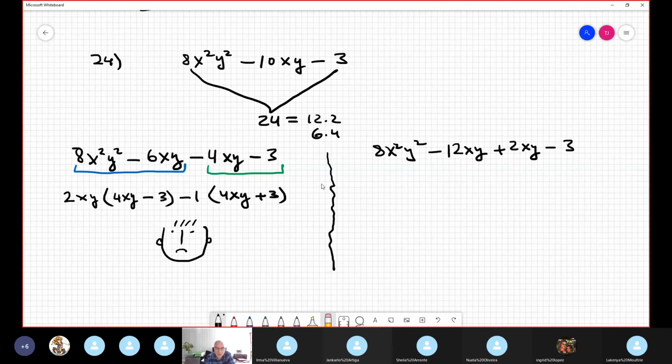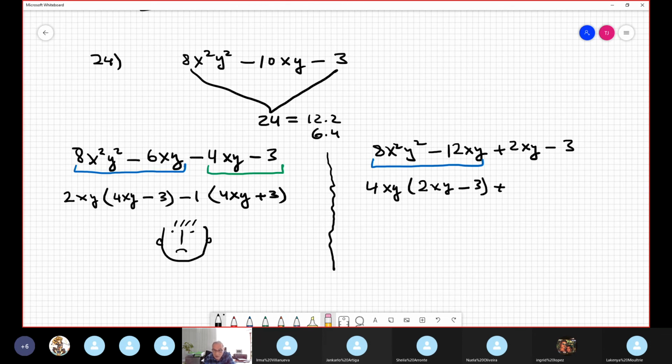Okay, let me try the second. Again 4xy, and we have 2xy minus 3.